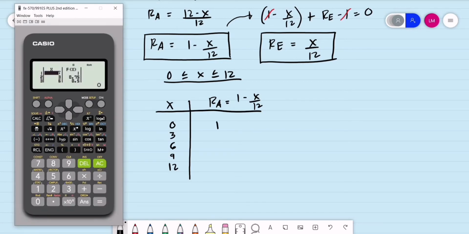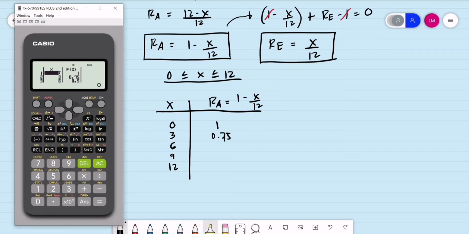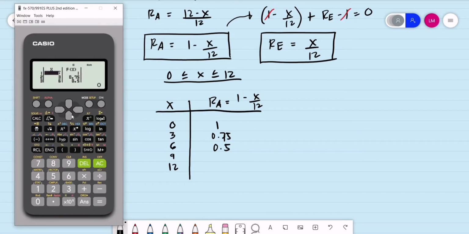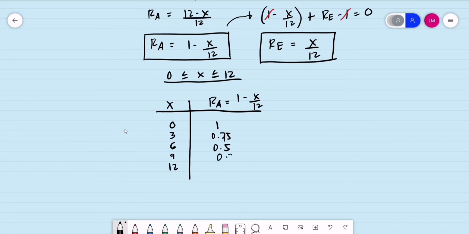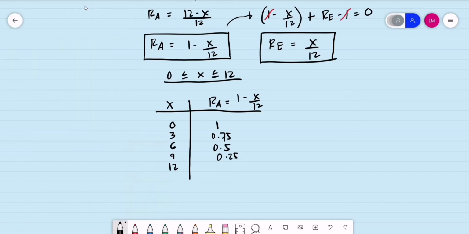At x equal to 3, the value is 0.75. At x equal to 6, the value of R sub A is 0.5. Then at x equal to 9, the value is 0.25. Then at x equal to 12, the value is 0.